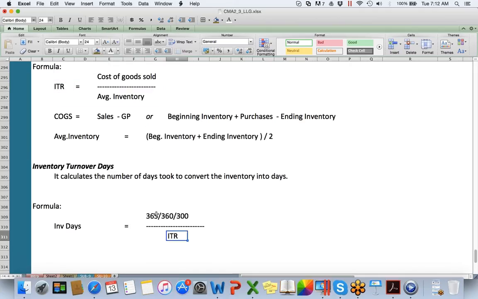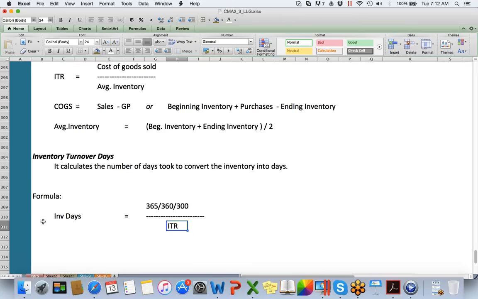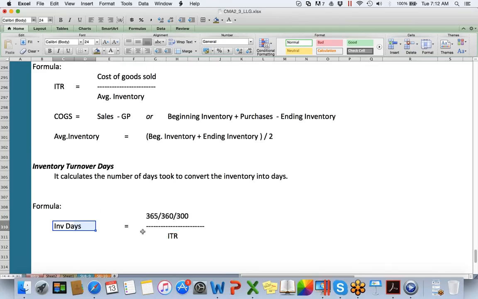Whether you should take 365 days or 360 days or 300 days depends upon the given information. Clear? And these days will be compared with industry average based on the nature of the business you operate. If you are operating a business trading in electronic goods, you should compare with only your competitor electronic goods inventory turnover days.